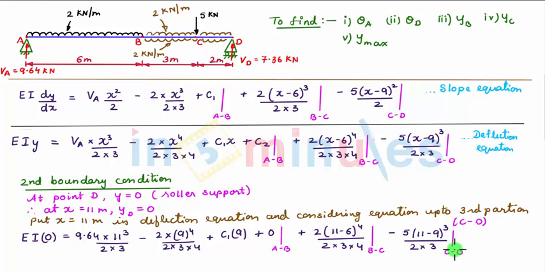So we see that in this equation our only unknown is C1. So upon solving this, we get the value of C1 as minus 87.61.